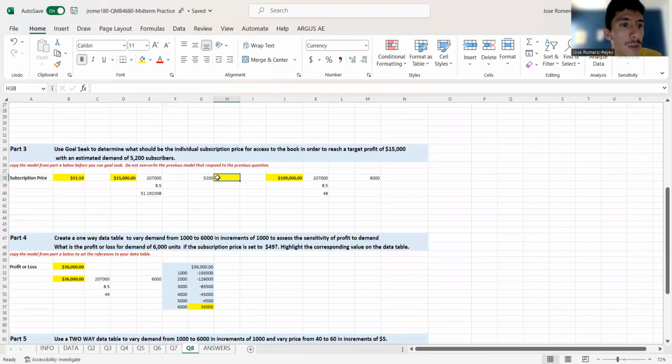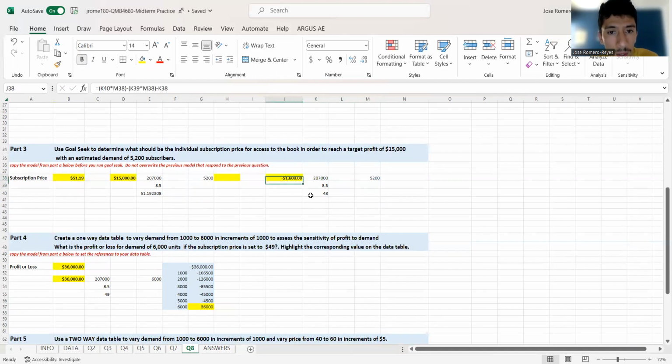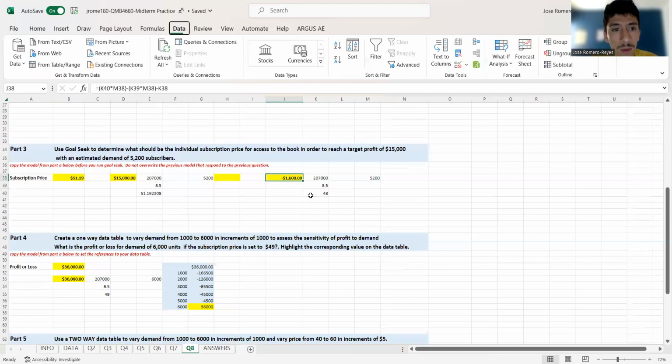So what we want to do here is copy the model from part A before you run the goal seek, but this time we want to determine what the subscription price should be to reach a target goal of $15,000 profit with an estimated demand of 5,200. So we have to change this to 5,200. We want profit to be 15,000, so we goal seek again.